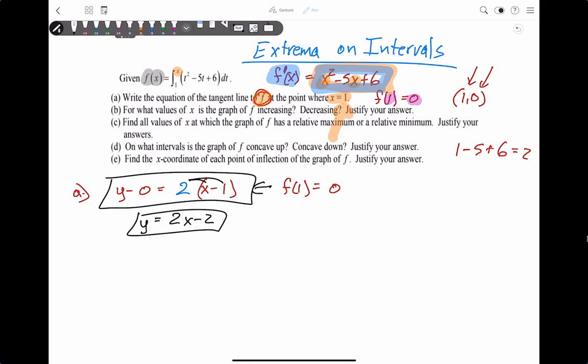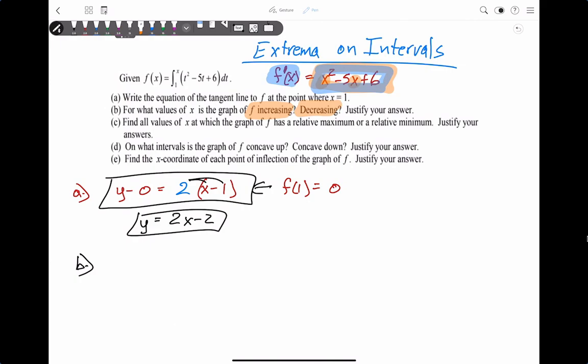It says, for what values of x is the graph of f increasing? Okay, so let's highlight some key points. I'm going to erase a little bit of stuff and we're going to move on to B just so that we don't get this all mixed up. And we want to know, when is f increasing and when is it decreasing?